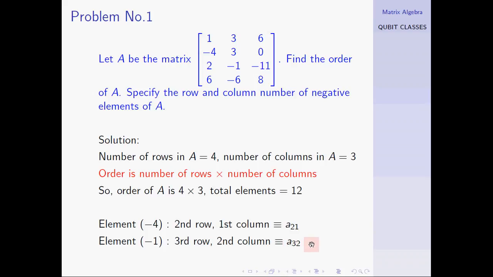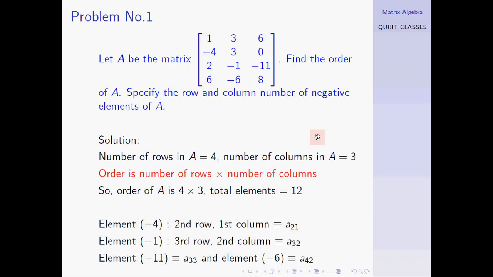The next element is minus 11, which is present in the third row and third column, so it will be a33. Similarly, minus 6 is present in the fourth row and second column, so it will be a42. So we have specified the row and column number of all negative elements of A.